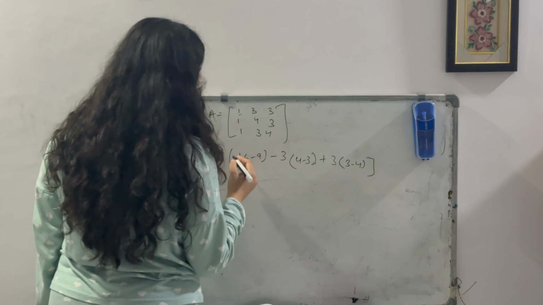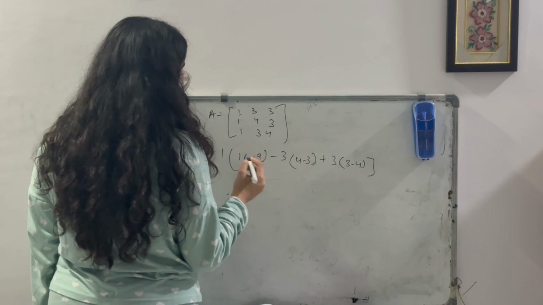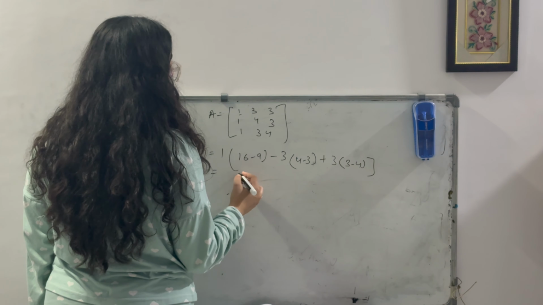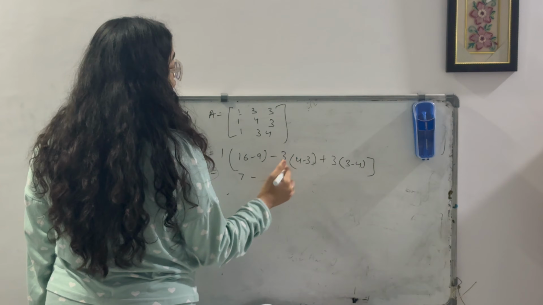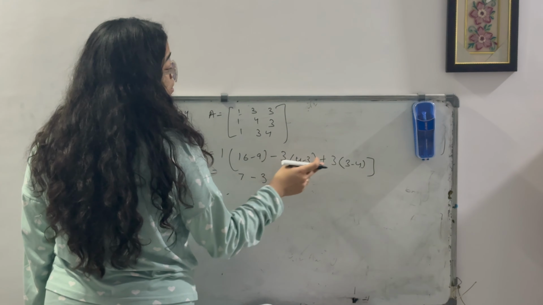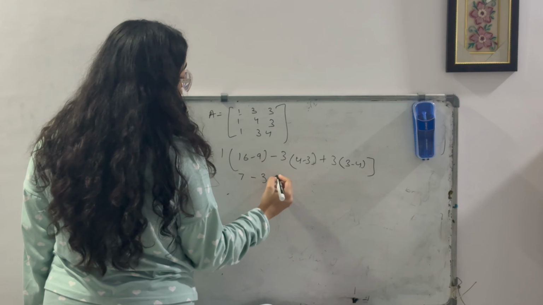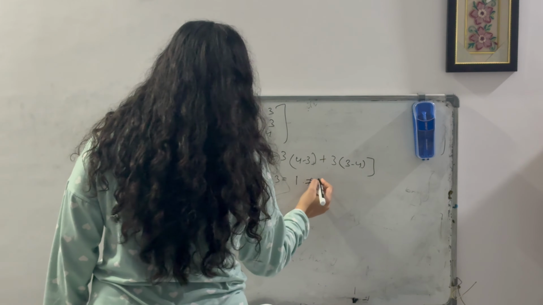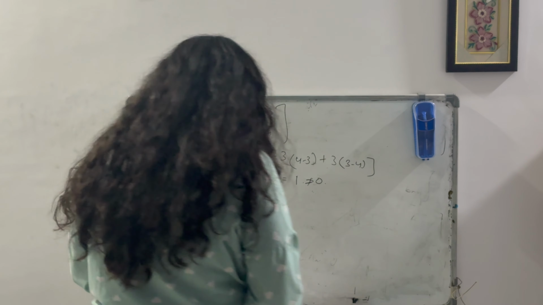Yes or no? Yes. That would be equal to 16 minus 9 is 7, minus 3 into 1 is minus 3, plus 3 into minus 1 is minus 3, which is 1. So this is not equal to 0 and hence A is invertible. Yes.